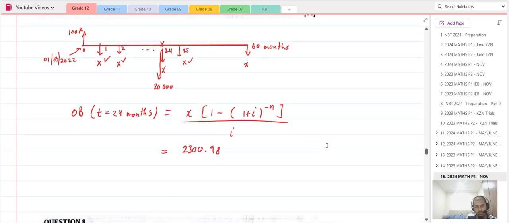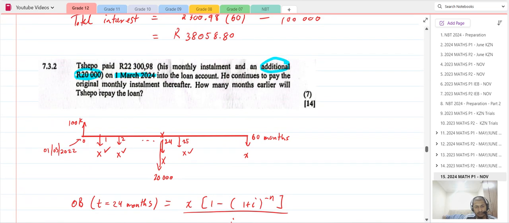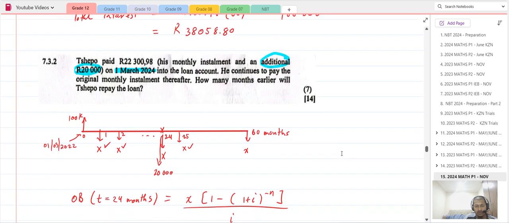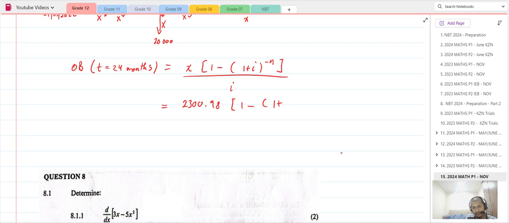2300.98 into 1 minus 1 plus what's i? i is basically 13.5 over 1200, to the power negative 36, all over the interest, which is 13.5 over 1200.